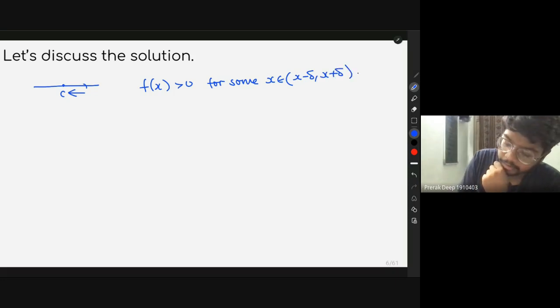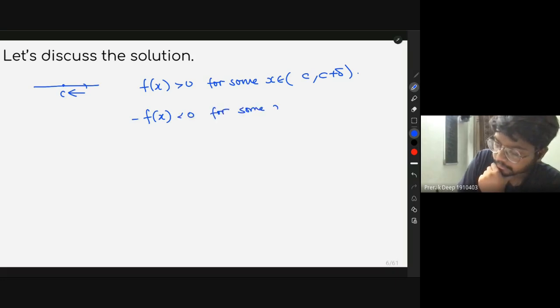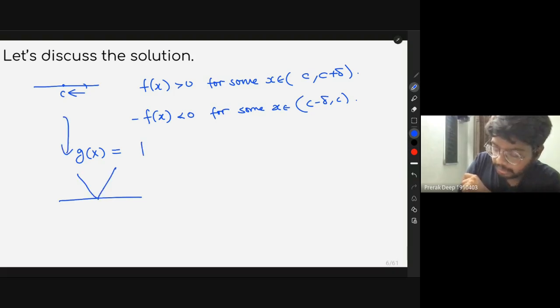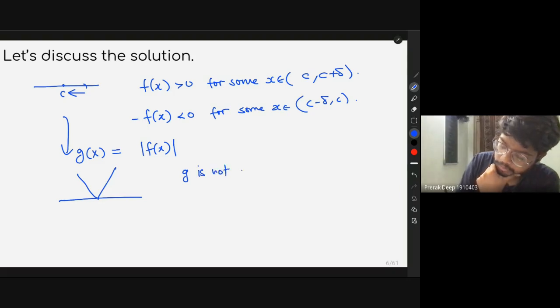And similarly, if I travel from the left hand side, it will be negative. So in particular, g of x will locally be like this type of function. If I take g of x, which is nothing but the modulus of f of x, it is going to break the differentiability. G is not differentiable.